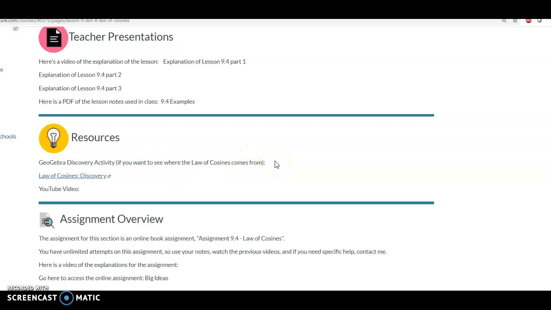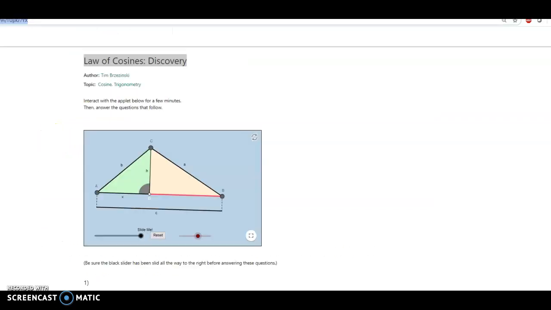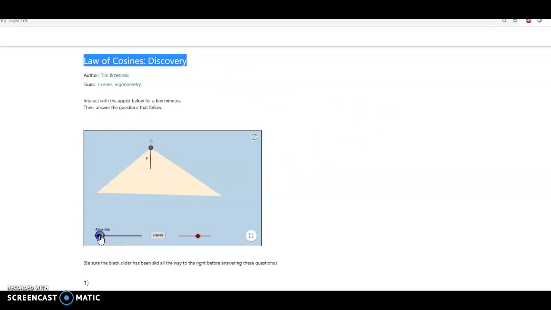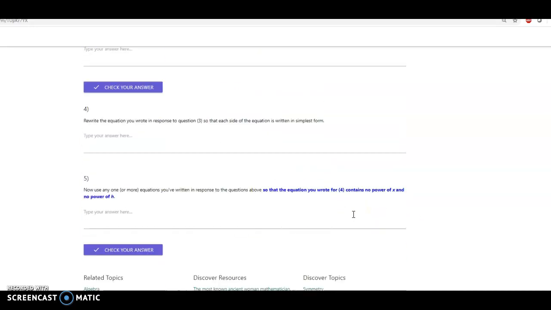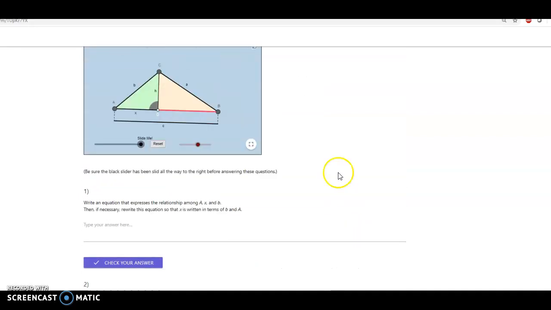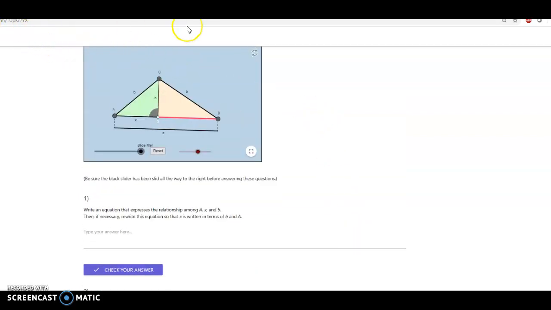If we were in a normal classroom setting, we would do this together, but if you have the time or you're just curious, you can go to this page, Law of Cosines Discovery. You'll slide this over first and then go through and answer questions, and it's a really cool activity to help you see where we get the law of cosines.